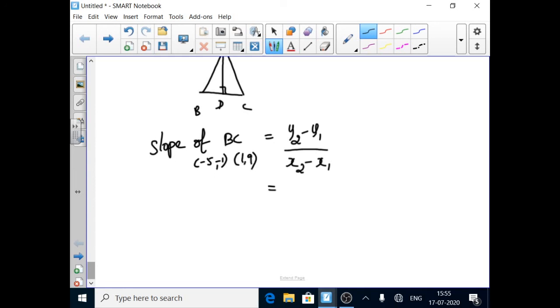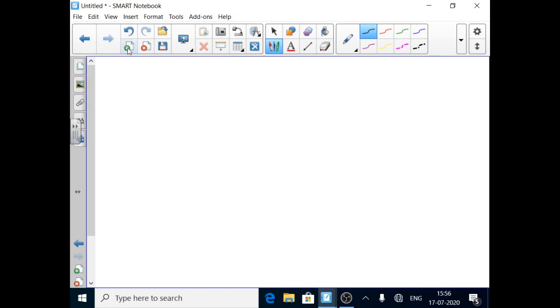So y2 is 9 plus 1, divided by x2 is 1 plus 5. So 10 by 6. Here do the cancelling, we will get 5 by 3.